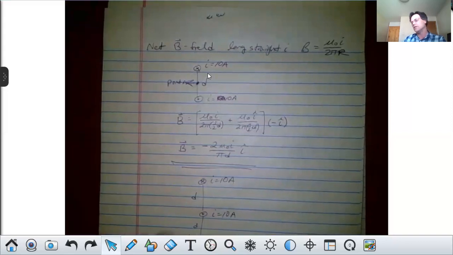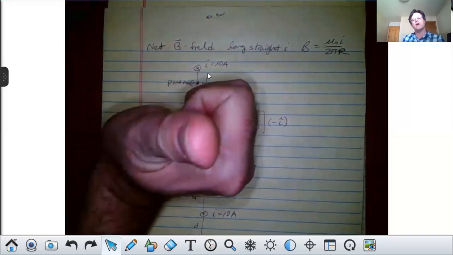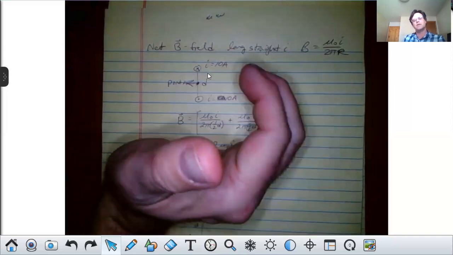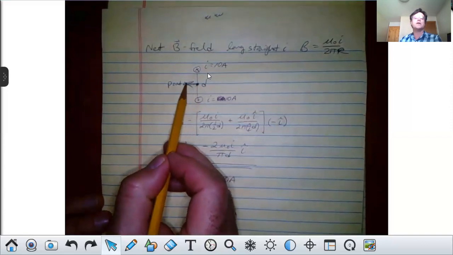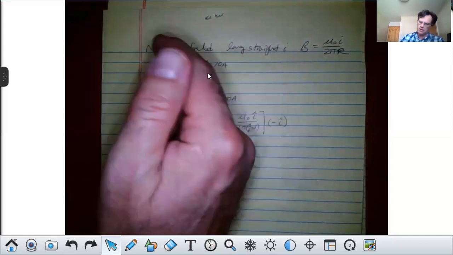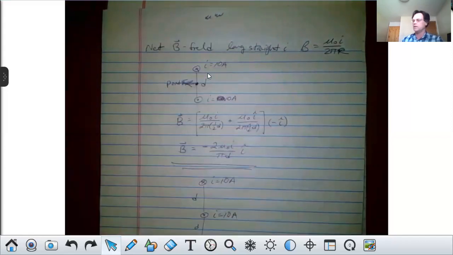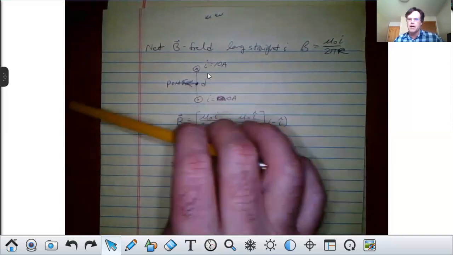Now, as it turns out, the same thing happens for the bottom current, but now it's coming out, so your thumb goes out and your fingers curl around. But at the point in between the wires, it is also going to the left. Right? It's curling kind of counterclockwise around this wire. So we've got two magnetic fields going to the left.